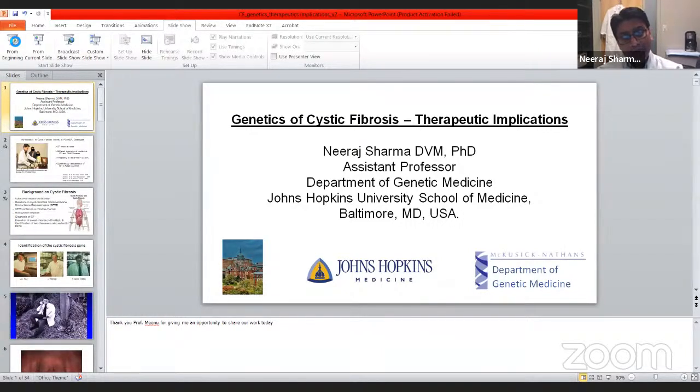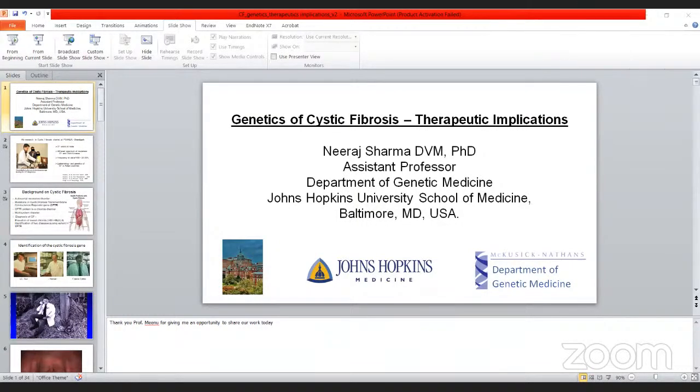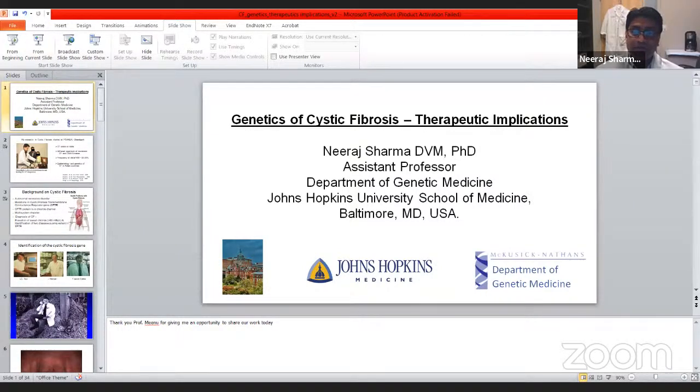During my PhD in the Department of Biochemistry, what I found was that CF existed in India. There was a different spectrum of mutations in CF as compared to what we see among the Caucasian population. Frequency of delta F508, however, which is one of the most common mutations among Caucasians, in the Indian population we found was only 20 to 30%, which suggested that the spectrum of mutations in the Indian population was quite heterogeneous.